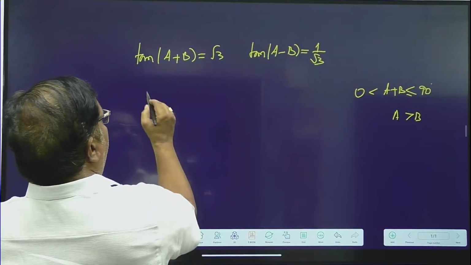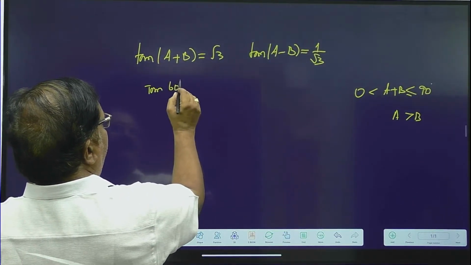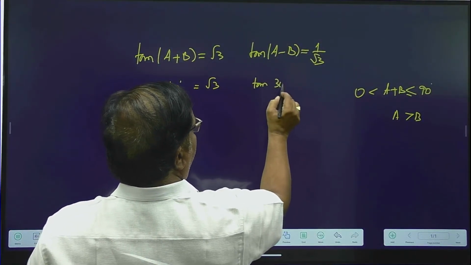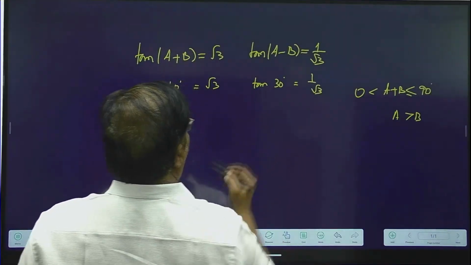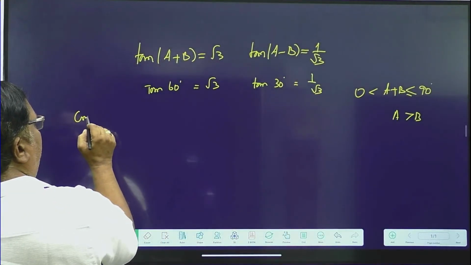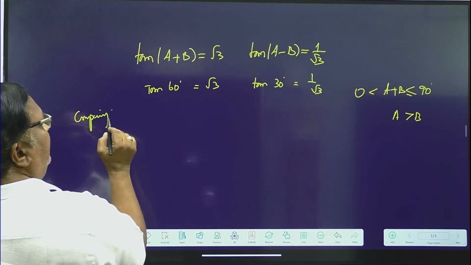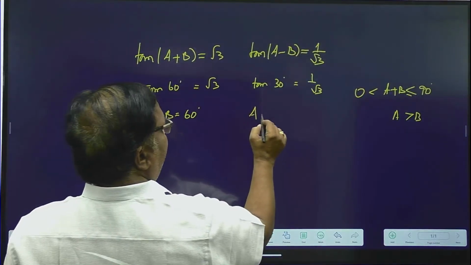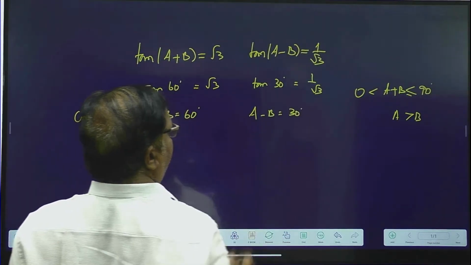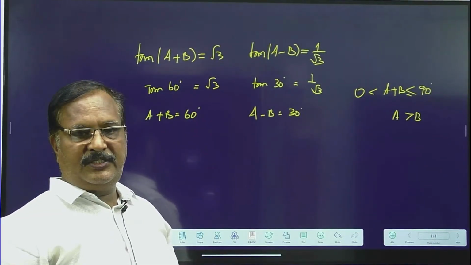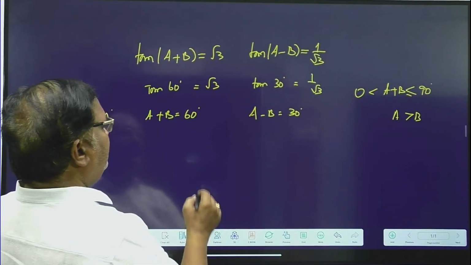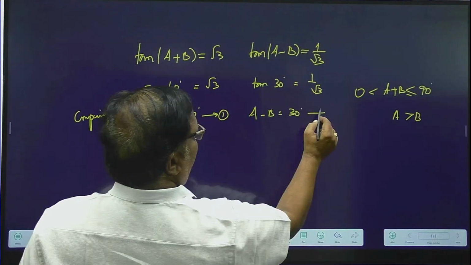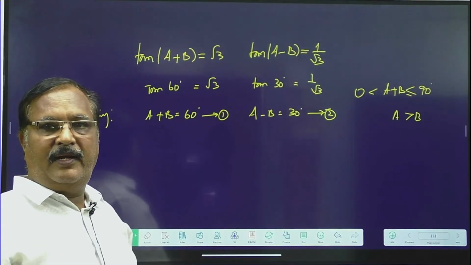Now tan of 60 degrees is equal to root 3, and tan of 30 degrees is equal to 1 upon root 3. So by comparing, a plus b is equal to 60 degrees and a minus b is equal to 30 degrees. Now simultaneous equations: you solve these two equations and you will get the a and b values.